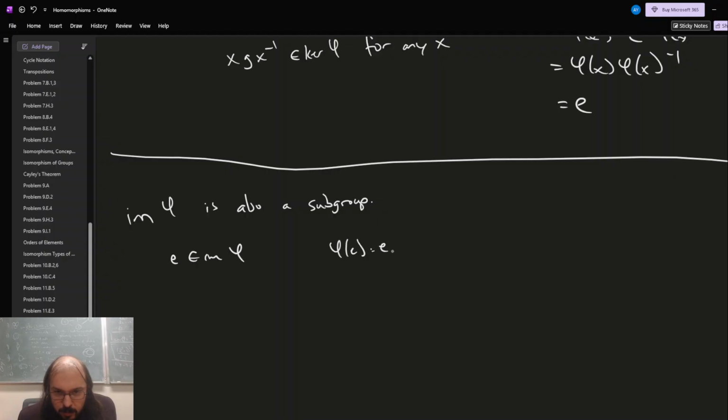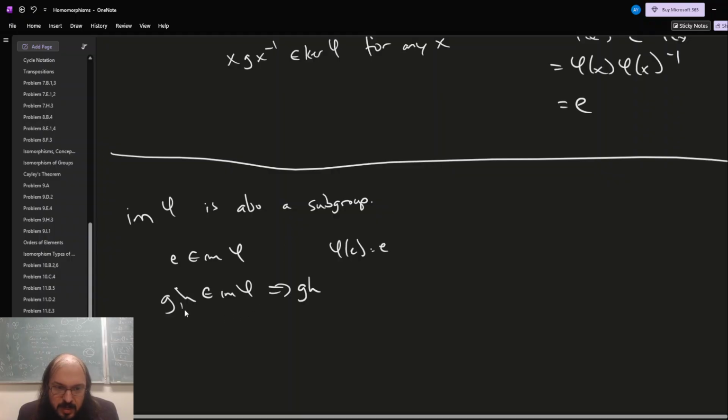This is the e of H, and so it's there. I need to see that if g and h belong to the image of phi, so does gh. And this is a little bit confusing only insofar as we need to understand what we're proving here. These elements are elements of the big group H.